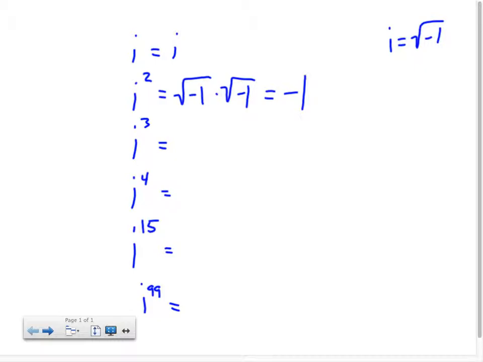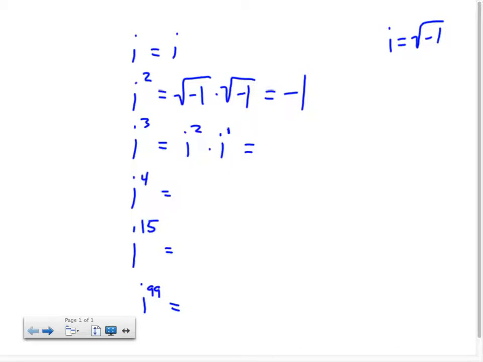Now, how could we figure out i to the third power? Well, we could rewrite i to the third power as i squared times i. Remember, i is really i to the first power, and if you add those two exponents together, you get 3, so they're equivalent. But we don't want to leave it like this. We want to see if we can simplify it some more.